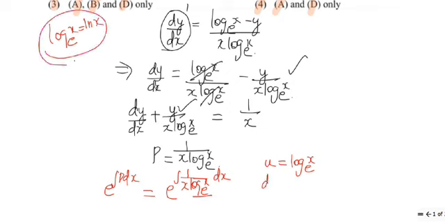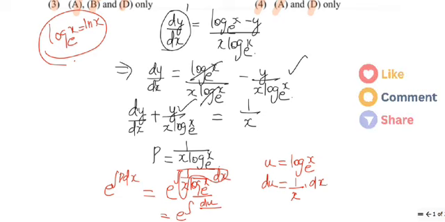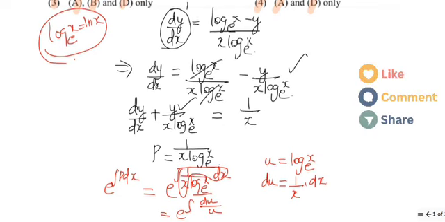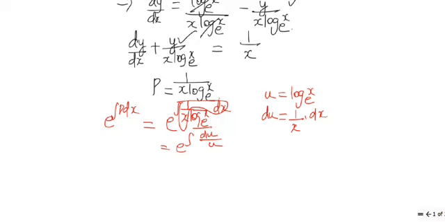Now the derivative of log x is 1 over x dx. We are able to match with the question nicely because 1 over x dx is du. So e power integral of du over u, because log x is simply u. The integral of 1 over u is nothing but log u.